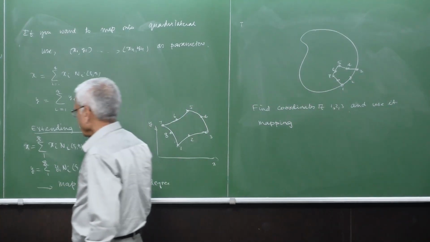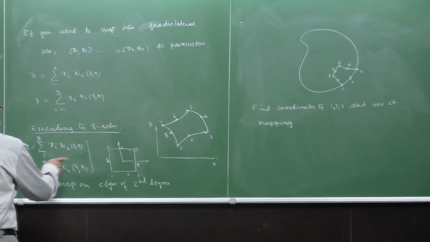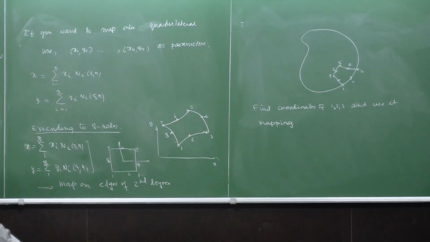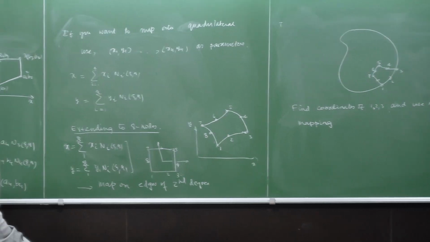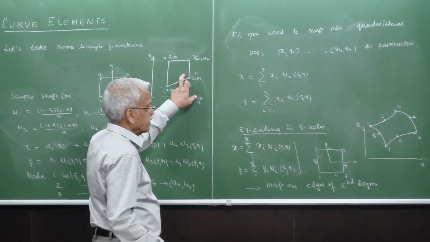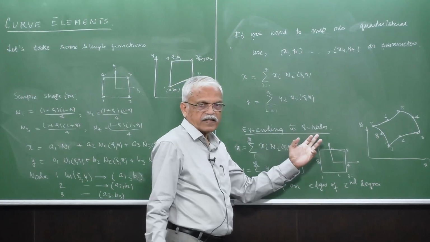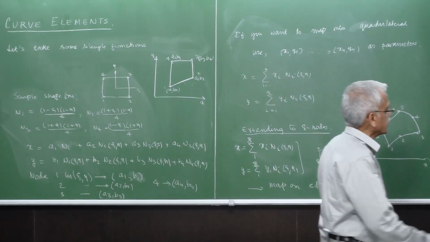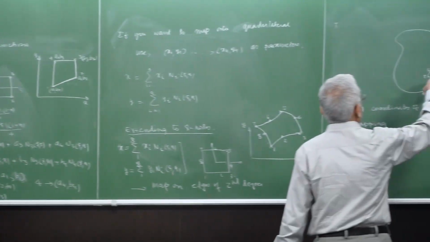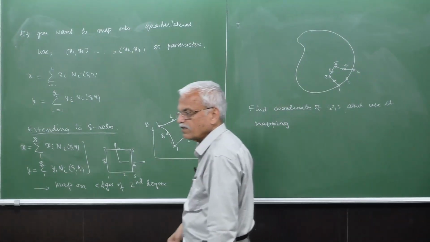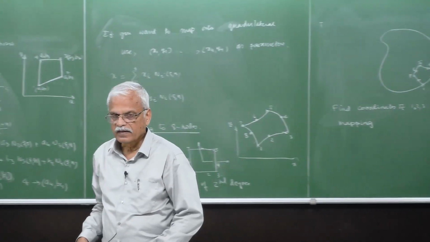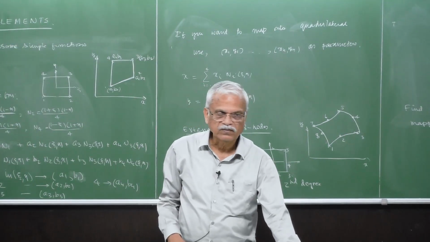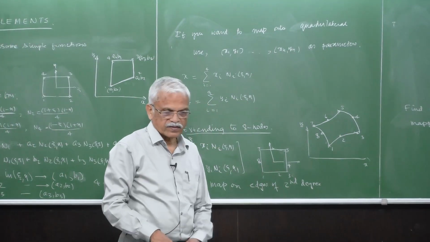We can use either a simple 4-noded shape functions here to get a quadrilateral, or very simply the 8-noded element with serendipity shape functions. You can use that to get a reasonably well curved side element. So this is as far as the geometry is concerned.